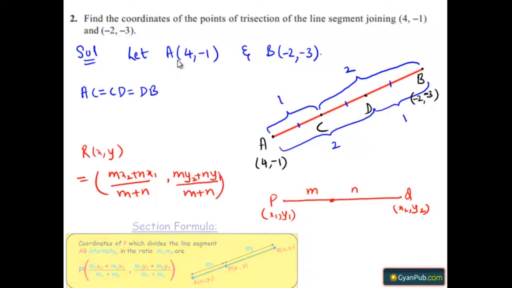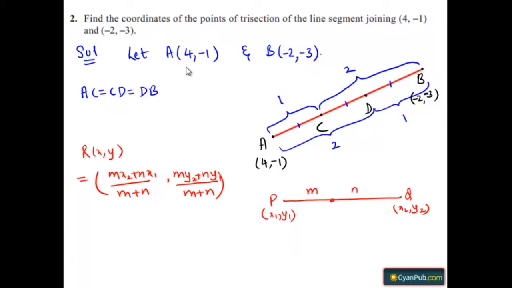Here we can represent point A as (x1, y1) and point B as (x2, y2). Let us take the point C, which divides AB in the ratio 1:2 internally. So m is 1 here and n equals 2.